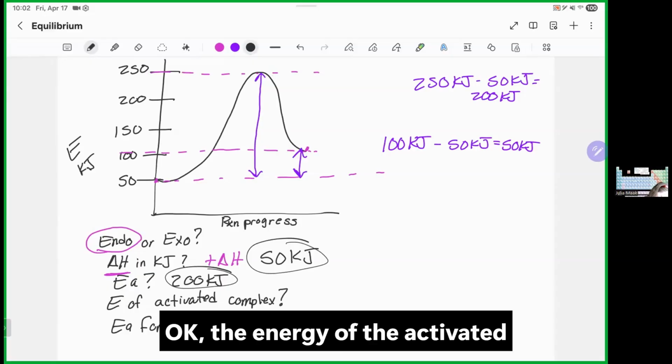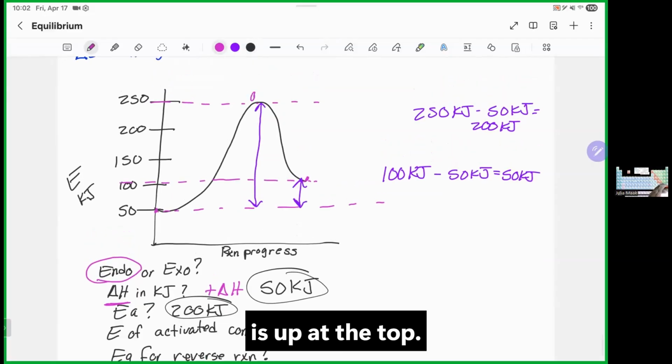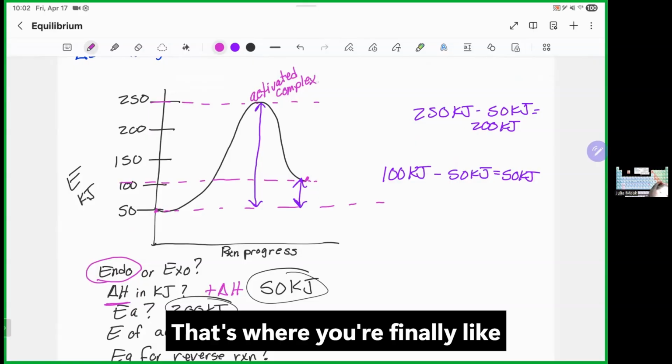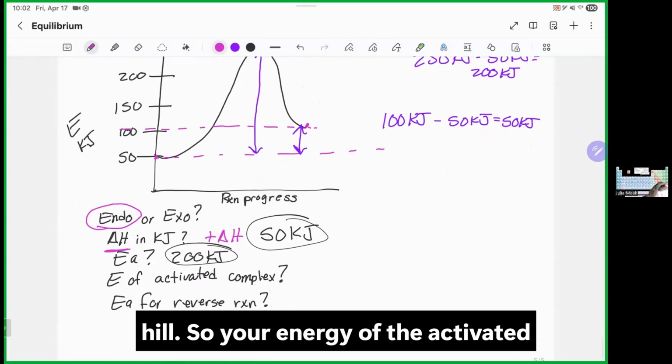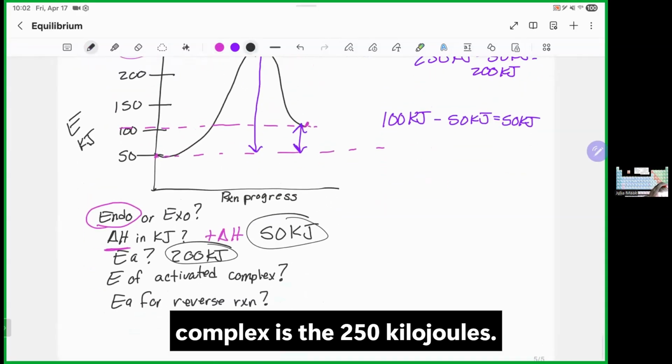Okay, the energy of the activated complex, remember your activated complex is up at the top. It's where you're finally activated, ready to slide on down that hill. So your energy of the activated complex is the 250 kilojoules.